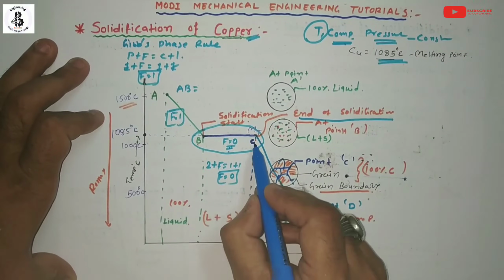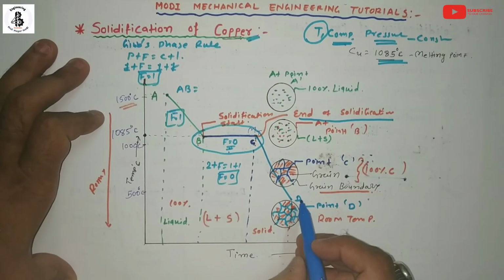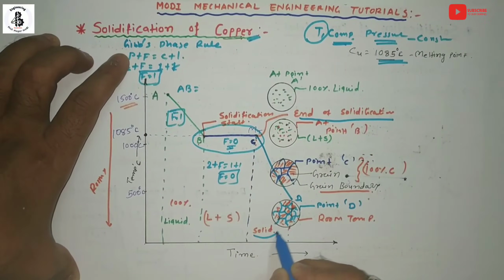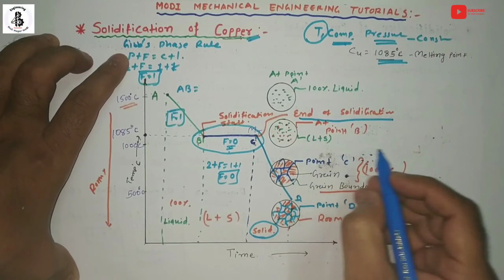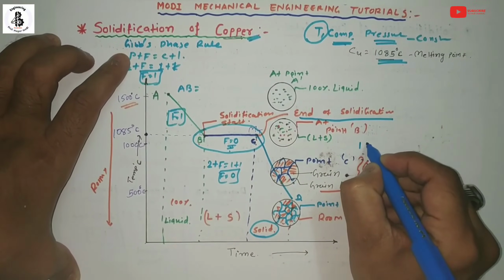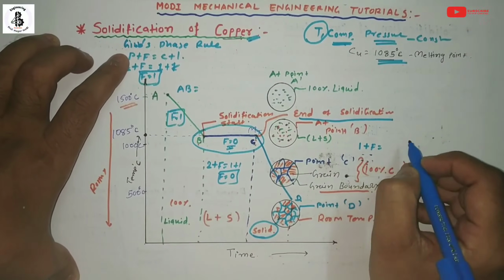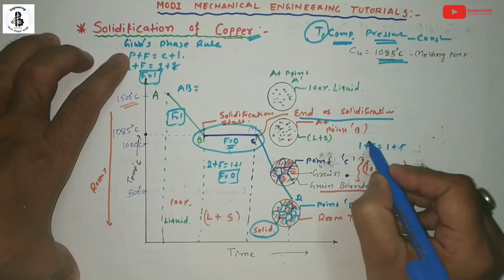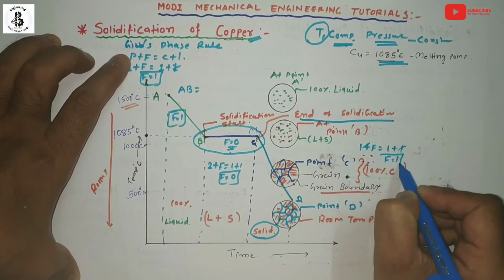Now we will see the C to D process. Once again apply the Gibbs phase rule. P is equal to 1, because it is 100% solid. So P is 1 plus F, and C is 1 because it is only copper. So you will find F is equal to 1.